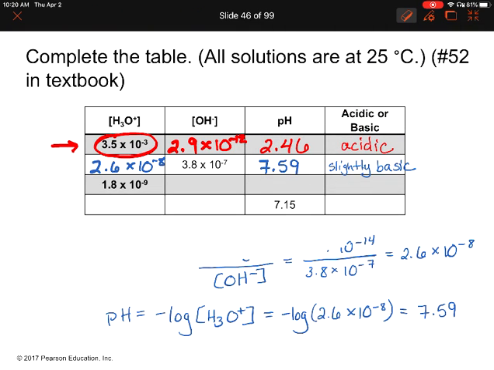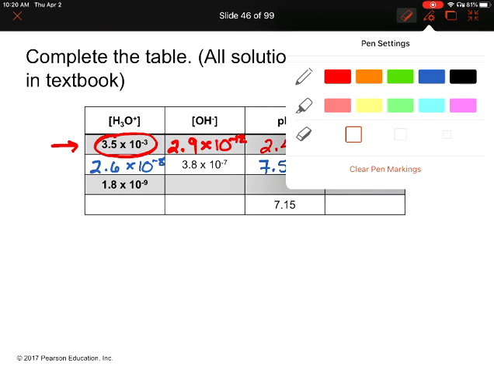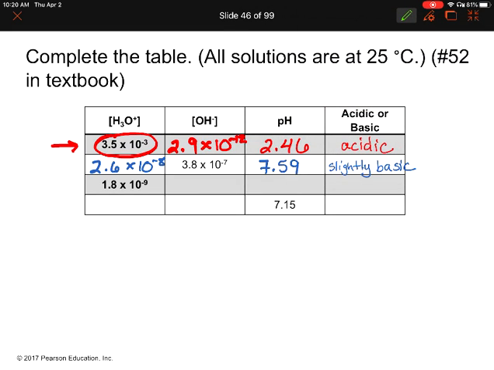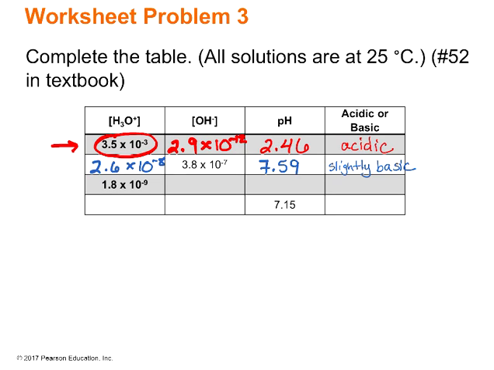Okay. So now for row 3, I'll use green. And this is going to be very similar to the first row. We can use the concentration of hydronium ions to figure out the pH. And we should get a value of 8.74. Oh, it's a little hard to see.